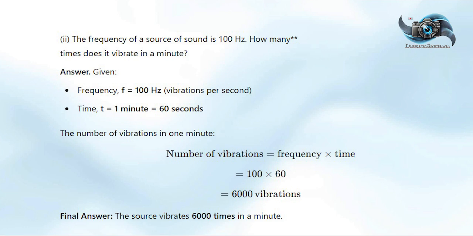The number of vibrations in 1 minute: number of vibrations equals frequency multiplied by time. Number of vibrations equals 100 multiplied by 60. Number of vibrations equals 6,000 vibrations. Final answer, the source vibrates 6,000 times in a minute.